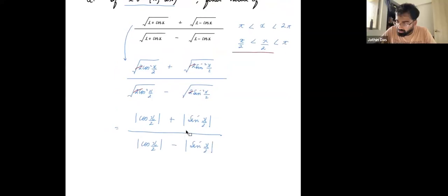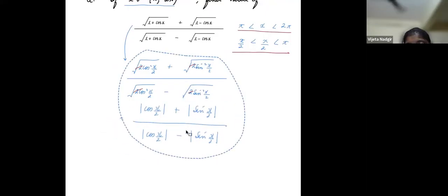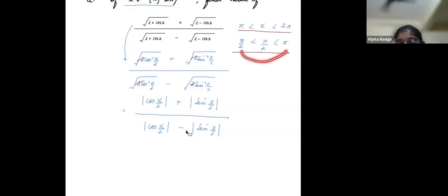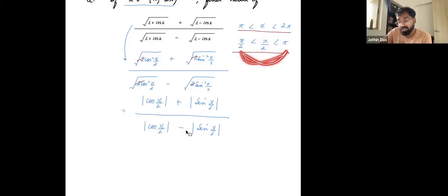What sign change? We have to open the mod, right? You won't take cases? You tell me if there is any case or not. Because cos could be negative or positive. But how? It is in one single quadrant, no?